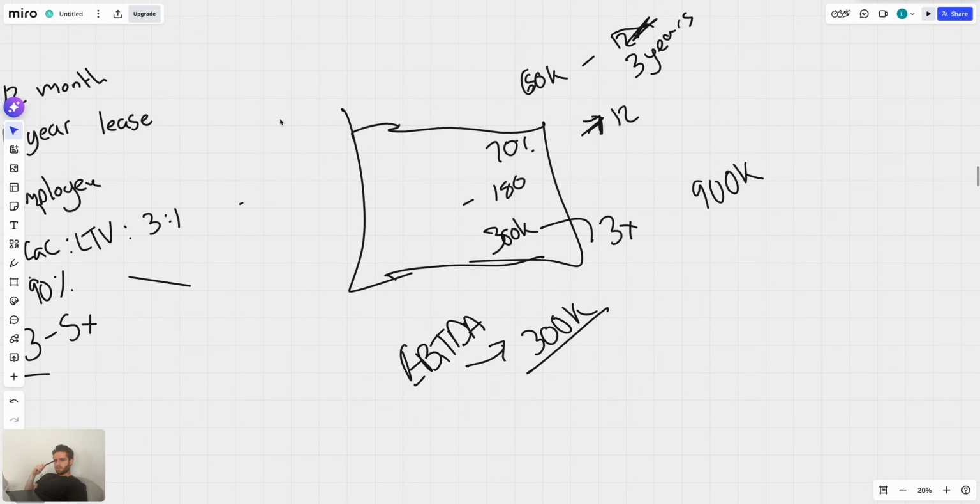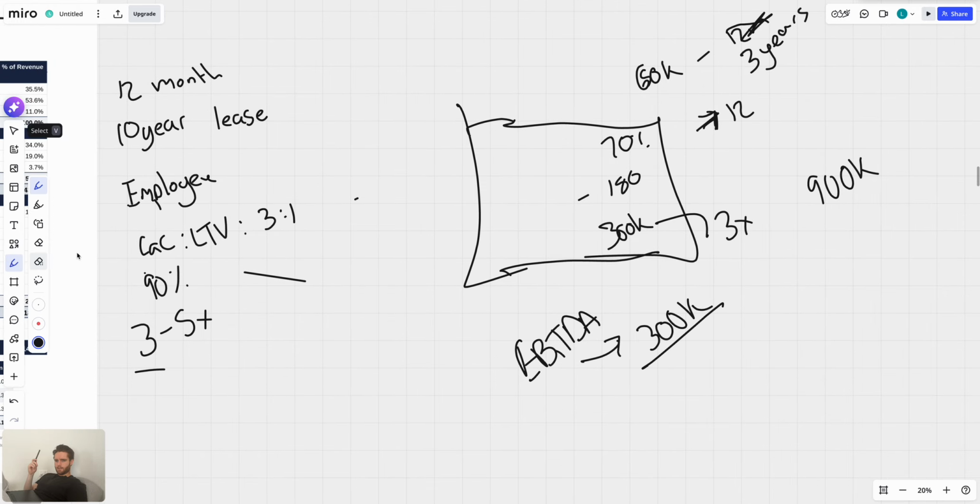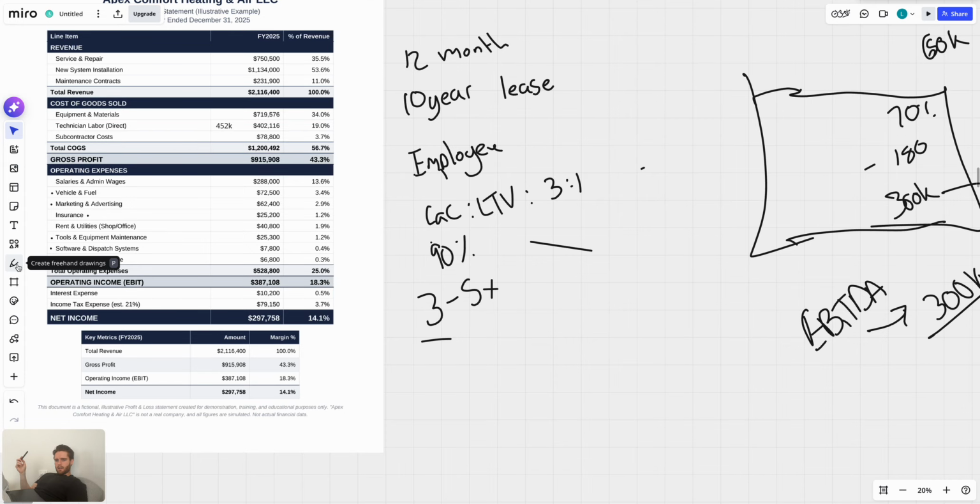So if we're getting 6,000, well, that's more than fine. Okay, so let's just say I'm getting 70%. I don't know what 70% of 900k is. Assume it's 650. So let's just say we're getting 650 from the bank, and our EBITDA is 300. 300k EBITDA. All right.